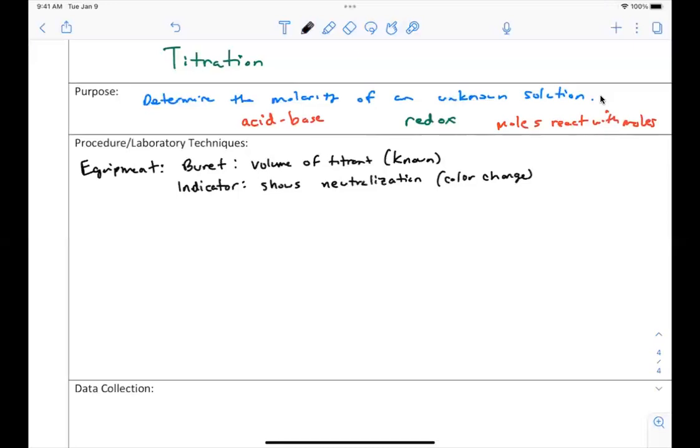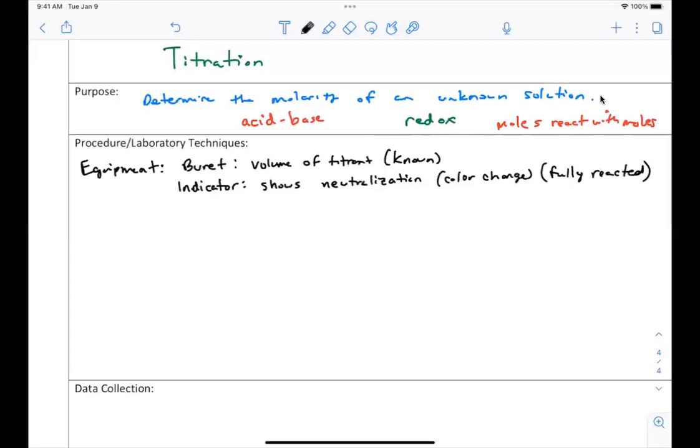There are a few kids in their IAs this year who did titration of vitamin C, and they used starch and iodine, and the iodine would change color from yellow to black when it was completely reacted. Sometimes with redox reactions, it's already inherently built into the reaction, so you don't need to add an indicator. But the purpose of an indicator is that it shows neutralization, shows when fully reacted.